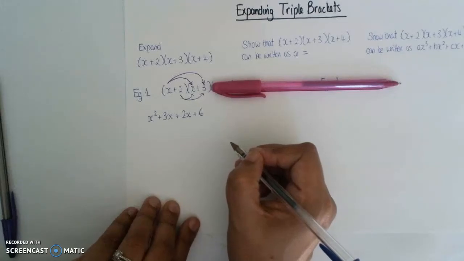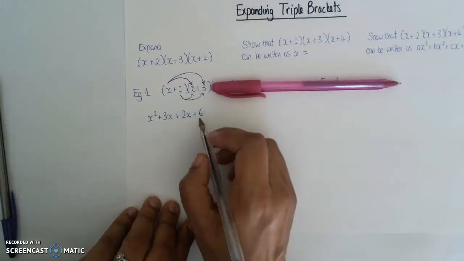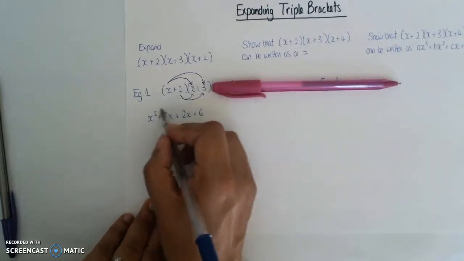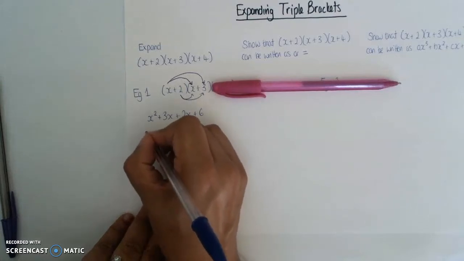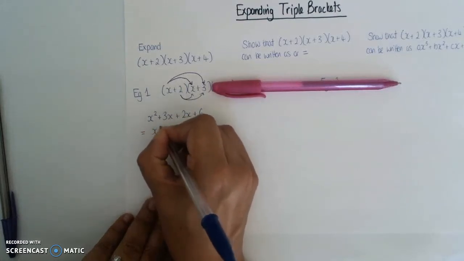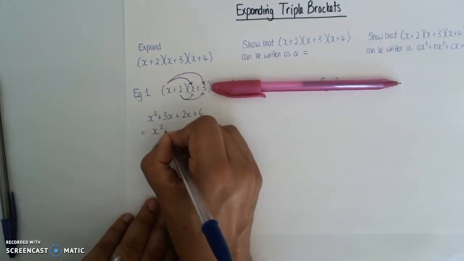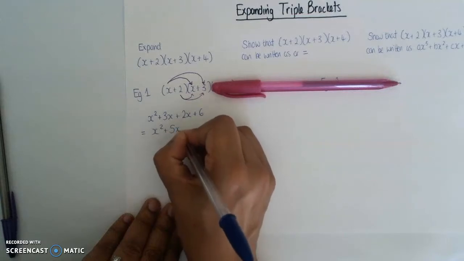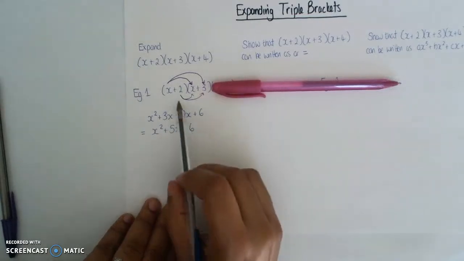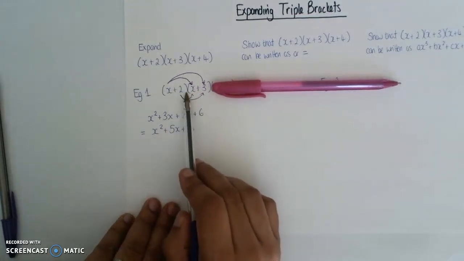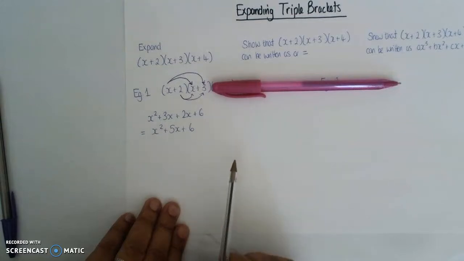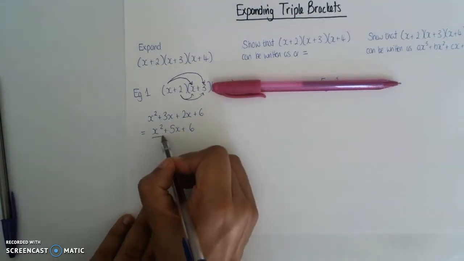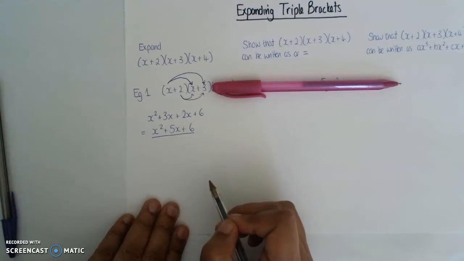The amount of times I see 2 times 3 is 5. It isn't, guys, it's 6, okay? Just simplify that then, just tidy that up. And I'm just going to put an equals then. So x squared, 3x plus 2x is 5x plus 6. So we've multiplied those 2 brackets together, which should be the exact same as you would do normally, okay? So this was our answer for those first 2 brackets.